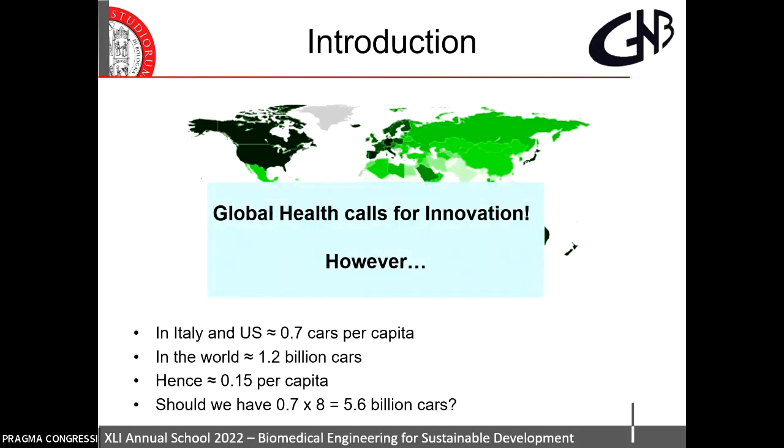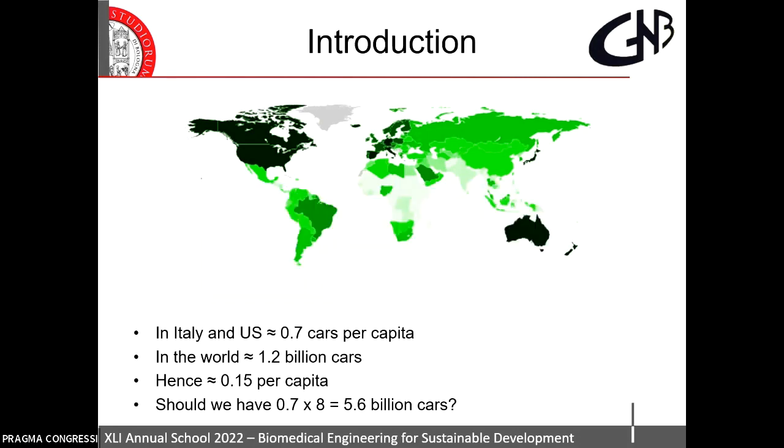And I have here data about cars. It's not about medical devices, but it's an easy example about the number of cars per capita in the world. In Italy and also in US, we have more or less 0.7 cars per capita. In the world, we have 1.2 billion cars, hence 0.15.